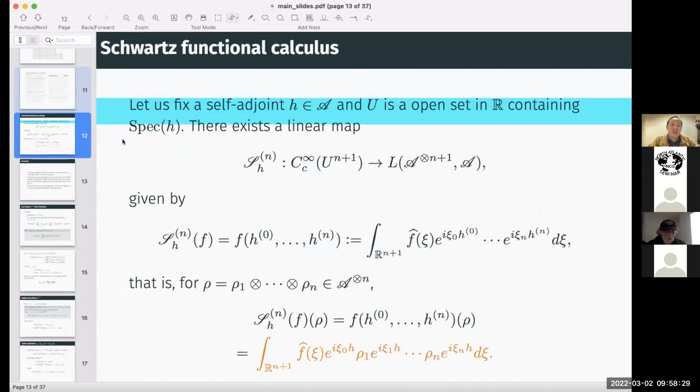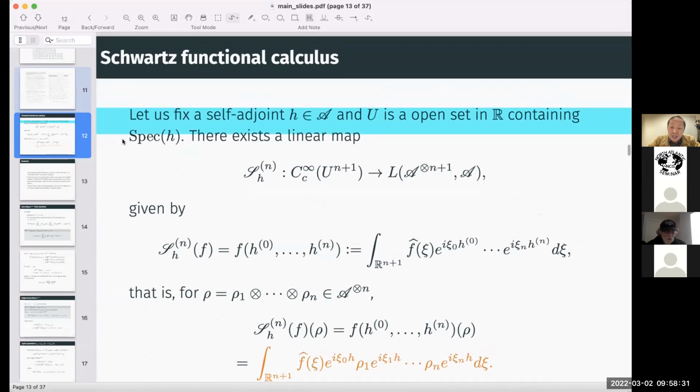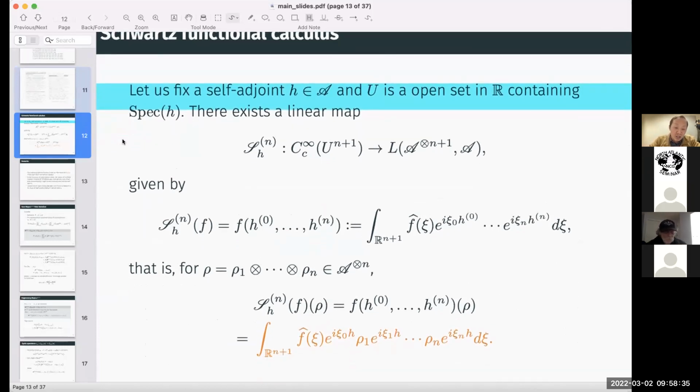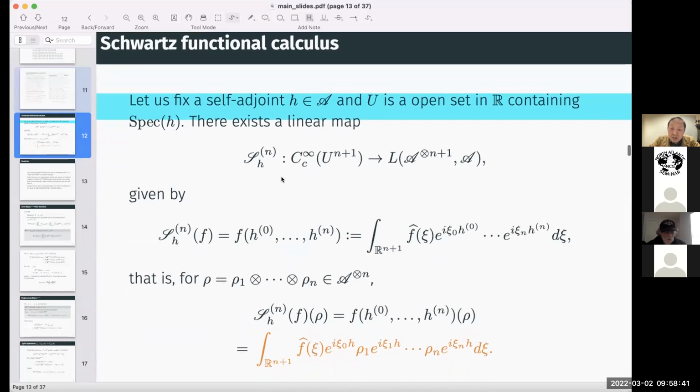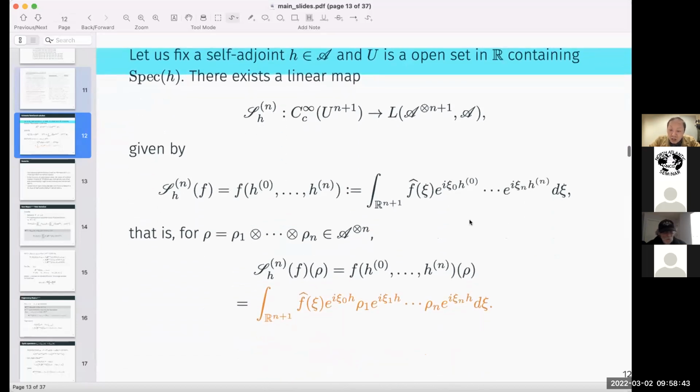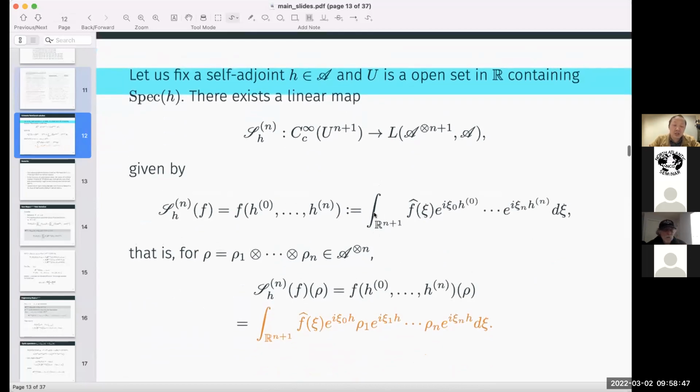Here is the more precise definition of these rearrangement operators. As I explained before, you take those k, h and t, which are polynomials.